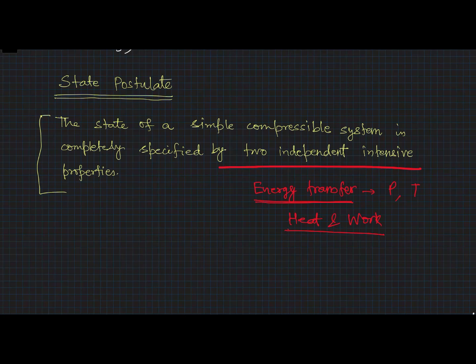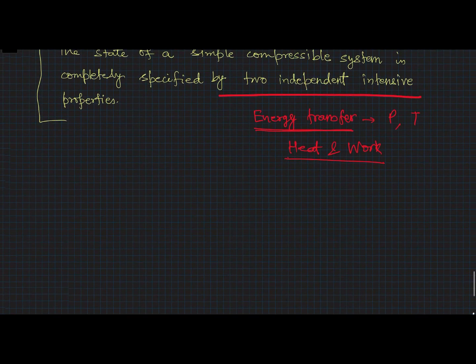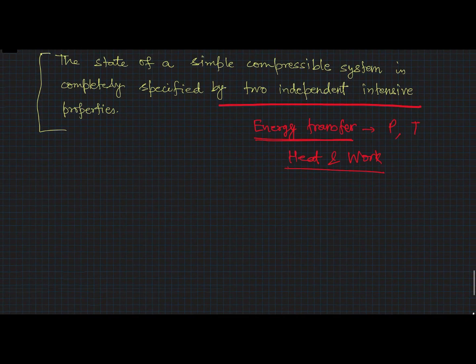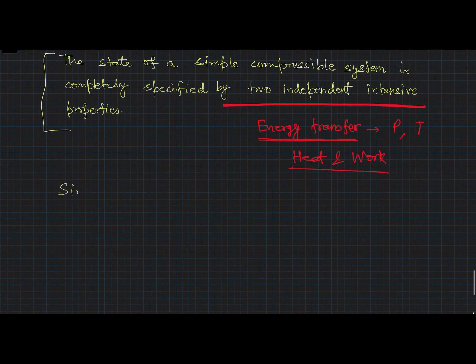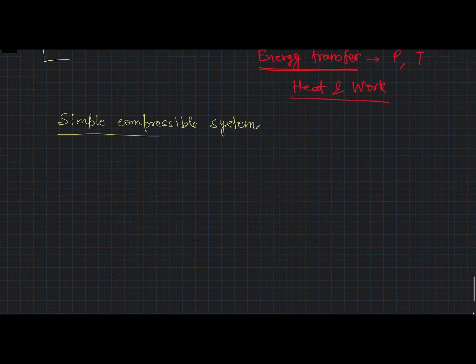Now we need to define the simple compressible system. If a system is a simple compressible system, it means that we are ignoring or neglecting some effects. What do we need to neglect?